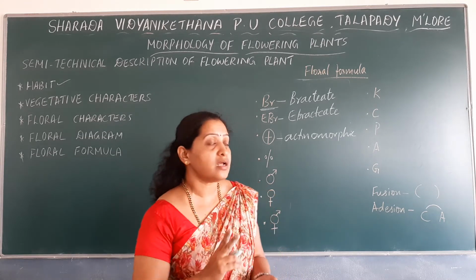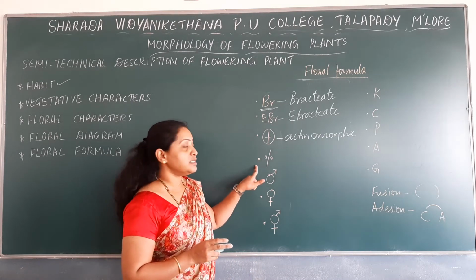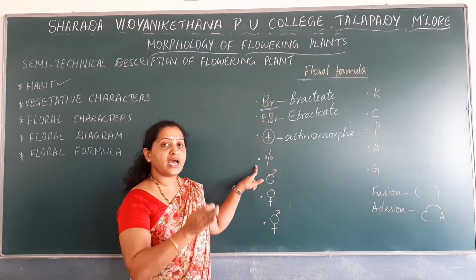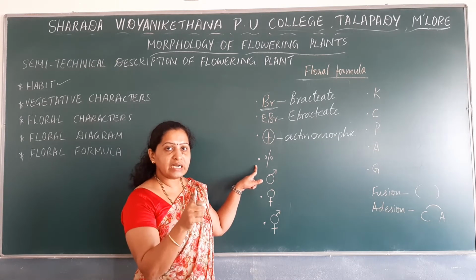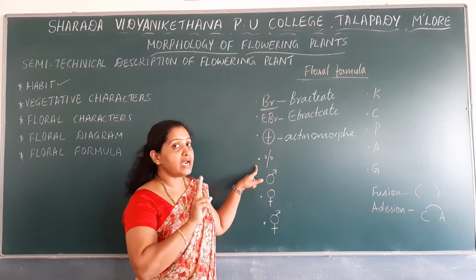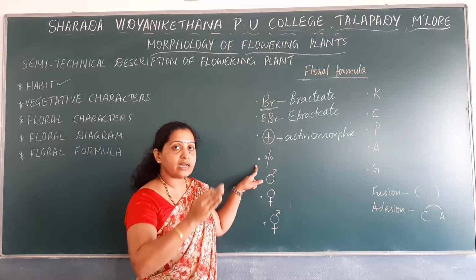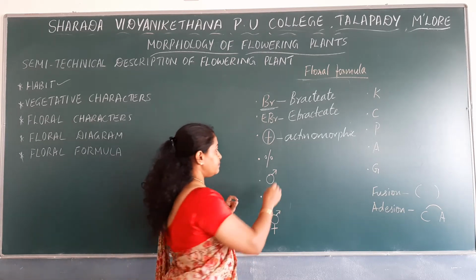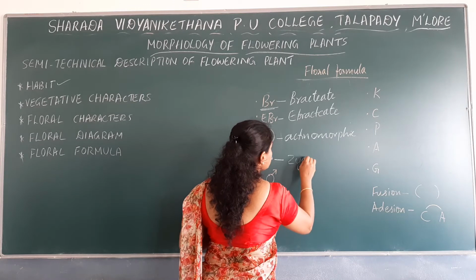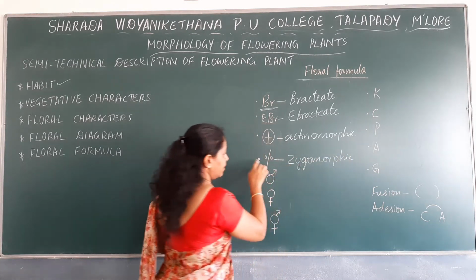Then zygomorphic: if a flower is divided only in one vertical plane, it gives two equal halves. It will not give two equal halves in any other vertical plane. That is known as zygomorphic, and it is represented using this symbol.